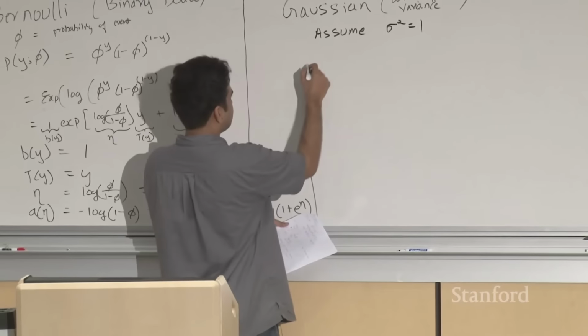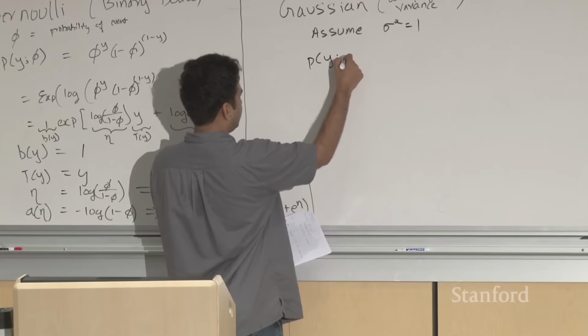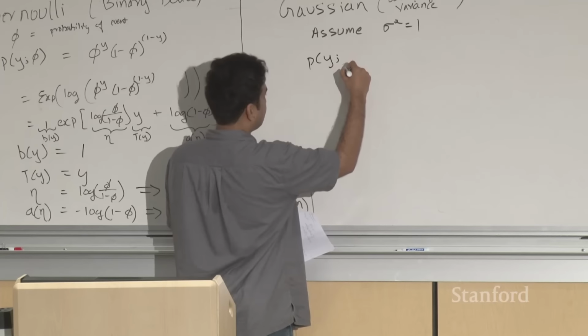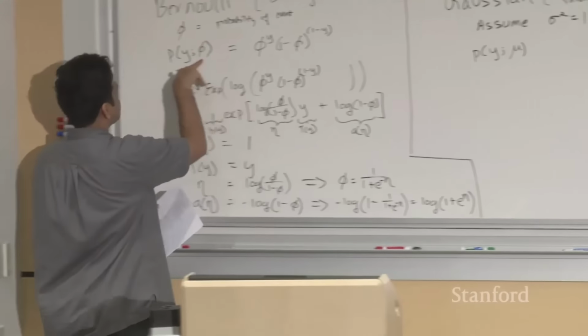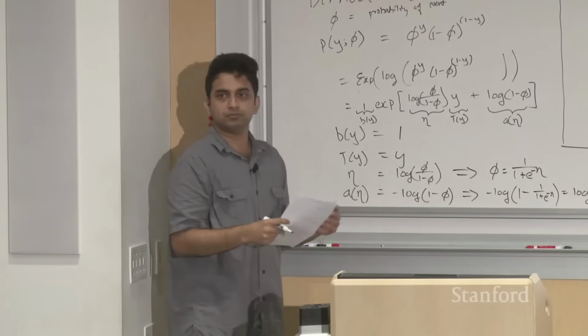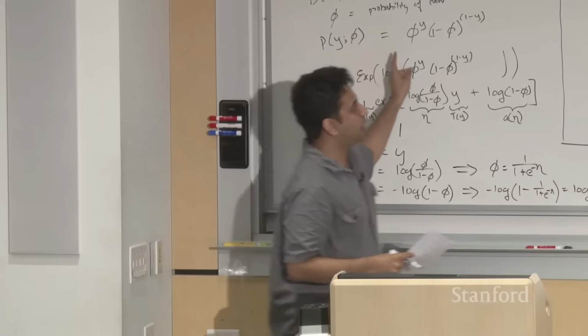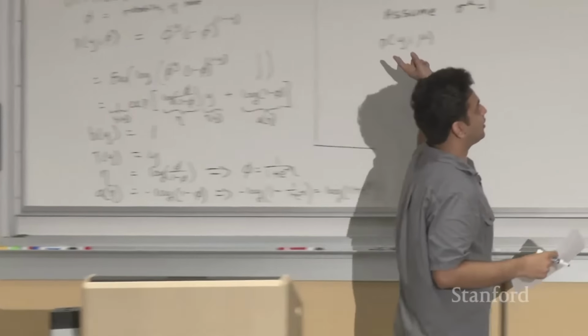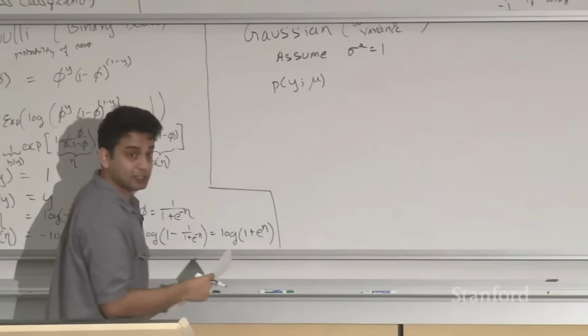This gives the PDF of a Gaussian to look like this: P of y parameterized by mu. Note here, when we start writing out, we start with the parameters that we are commonly used to. They are also called the canonical parameters. Then we set up a link between the canonical parameters and the natural parameters. That's part of the massaging exercise that we do.